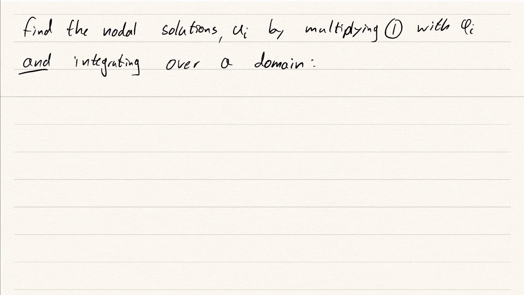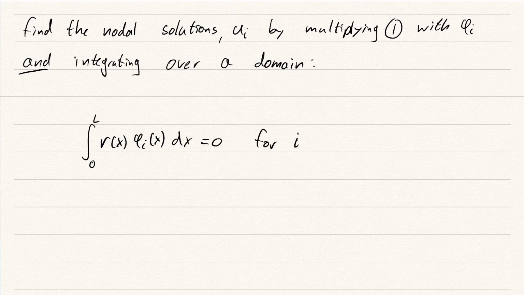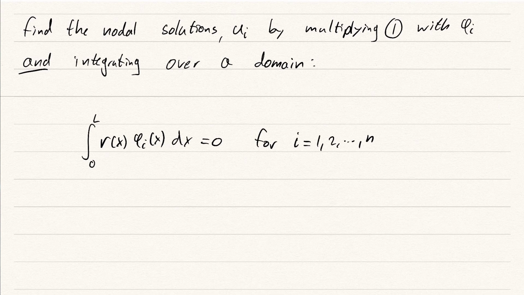So this means we are integrating, and now I'm integrating from 0 to L, but in general I can make the integral boundaries be anything within 0 to L. So I'm going to do r of x times phi i of x dx, and I'm going to set this to 0 for i equal to 1, 2, and so on until n, depending on how high order approximation order I have.